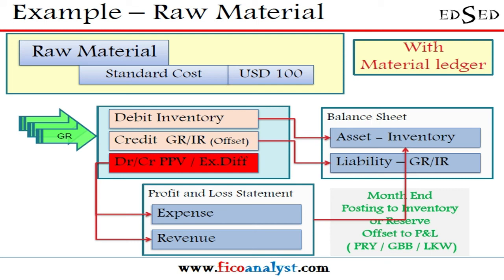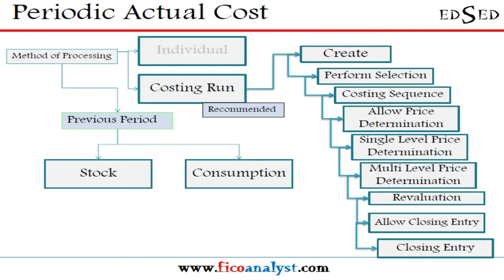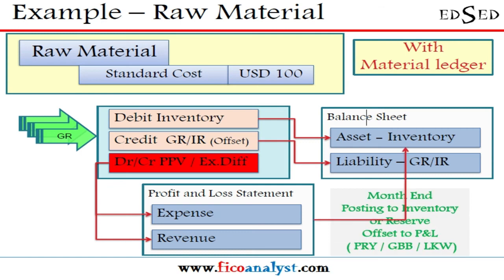In order to have this, you have to implement something called the material ledger scenario, and the material ledger has four aspects. One among them is periodic actual costing. There is a sequence of steps for performing the actual costing. As part of the actual costing run, once you have the costing run in a systematic way, you are going to adjust these values that I was talking about.